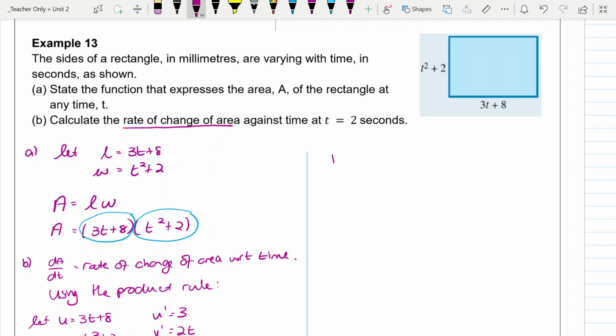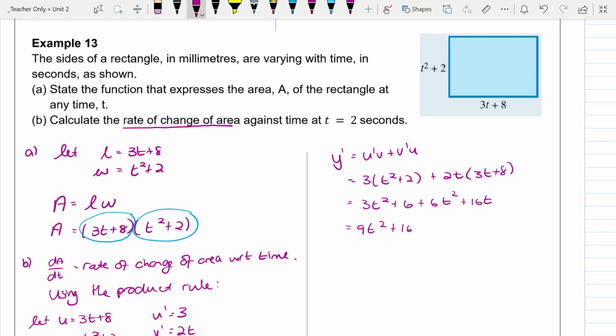Alright, so we got y dashed equals u dashed v plus v dashed u, and that's going to be 3 times t squared plus 2 plus 2t times 3t plus 8, and that gives me 3t squared plus 6 plus 6t squared plus 16t, and that's 9t squared plus 16t plus 6.